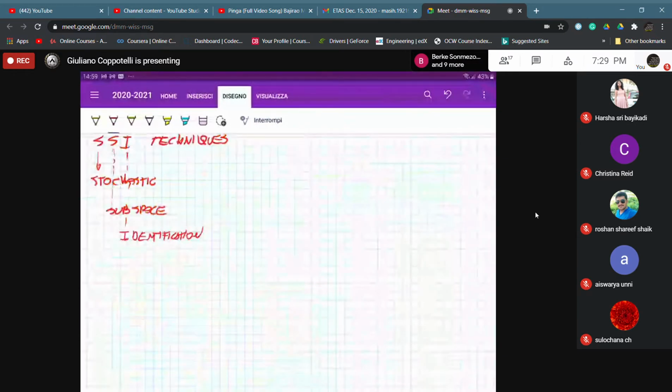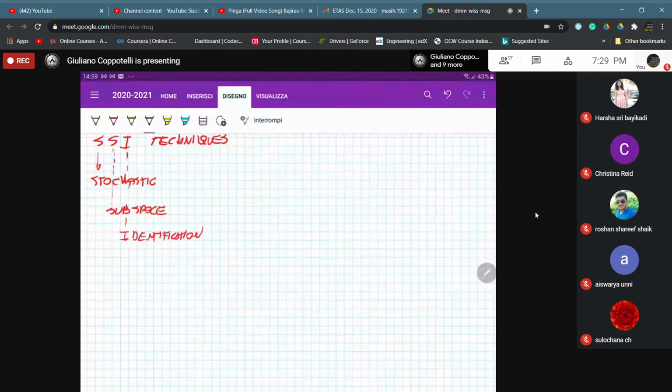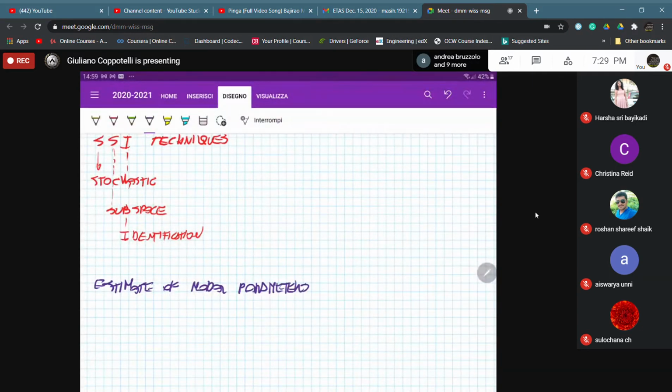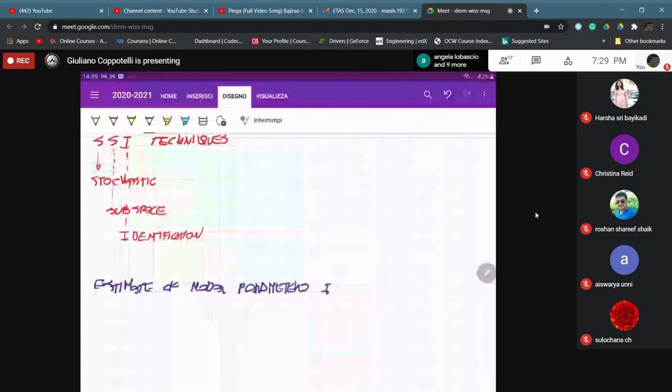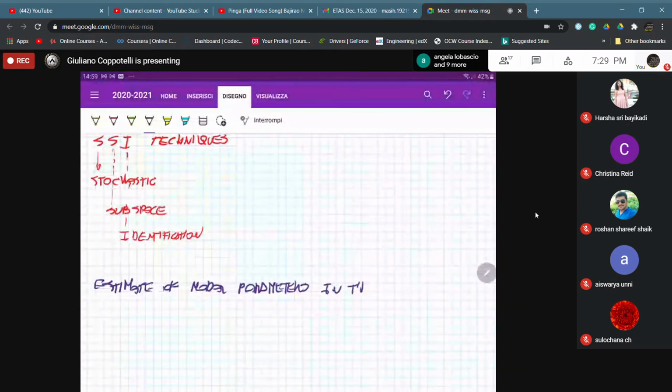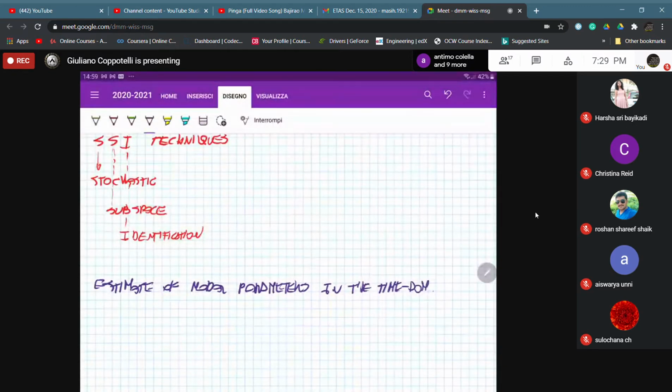So let me consider the estimate of the modal parameters in the time domain with the technique that is balance realization method.